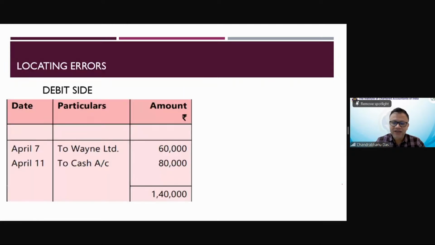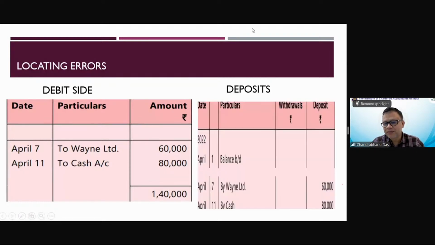Now first we go to the debit side. We have the cash book and the passbook. We go to the debit side, and we also go to the deposit side. On the debit side, you see two inflows are there: cash 80,000 and wine 60,000. The same thing is happening here also, so no problem, it's matching.